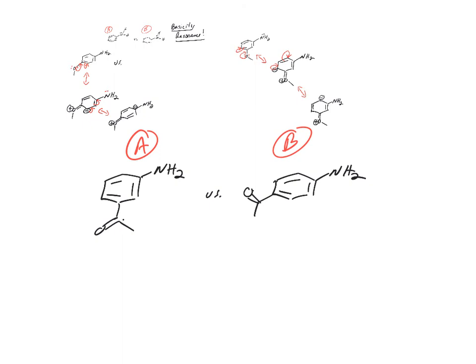Let's draw some resonance forms for B. Since it's electron withdrawing, we're taking electrons out of the ring. So there's a plus charge in the ring. Electrons left the ring, withdrawn.